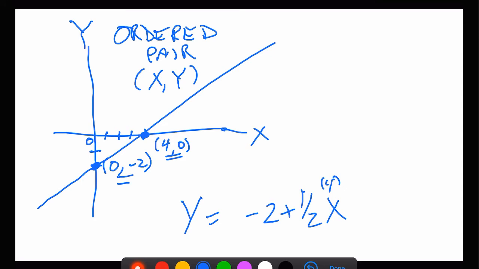Now, we also went through one other thing, which we need to make sure that we get. That one other thing is the domain and the range.